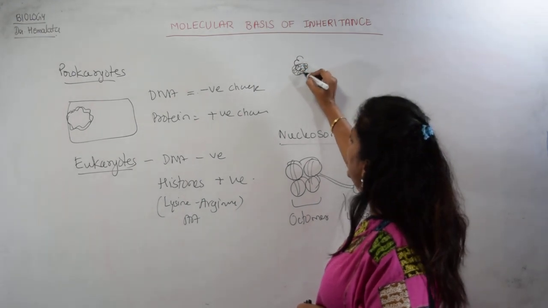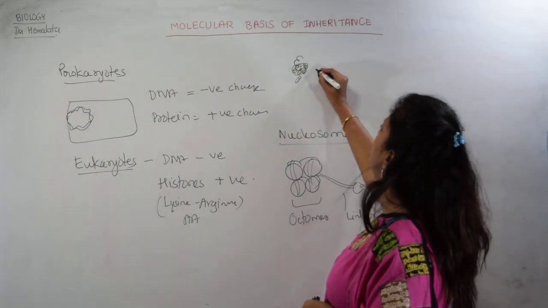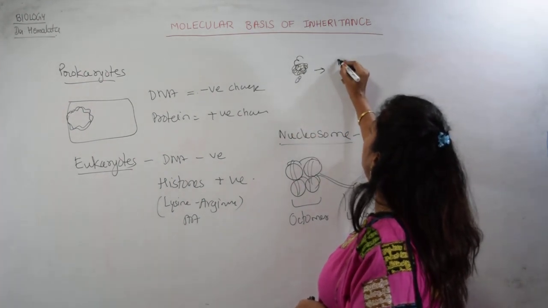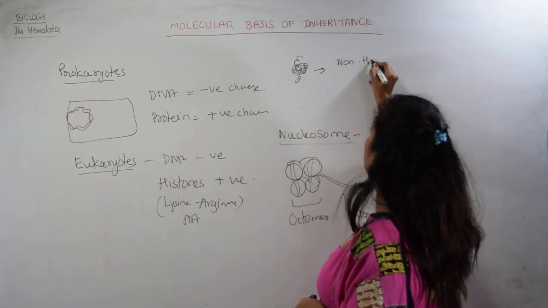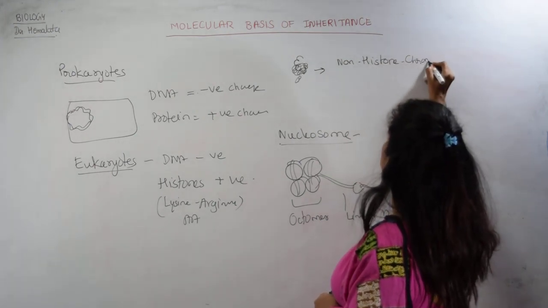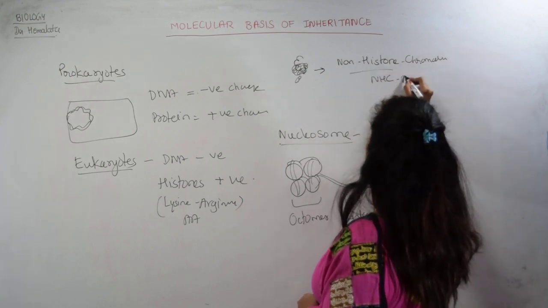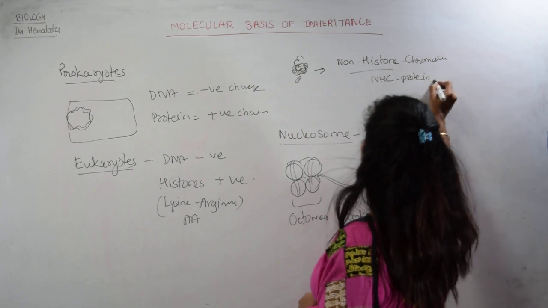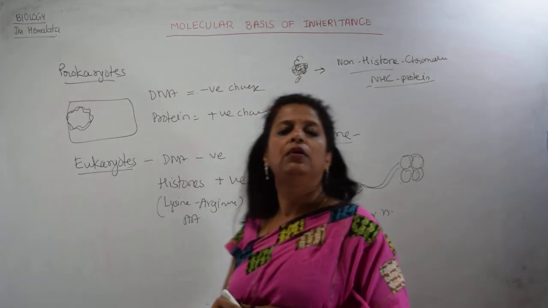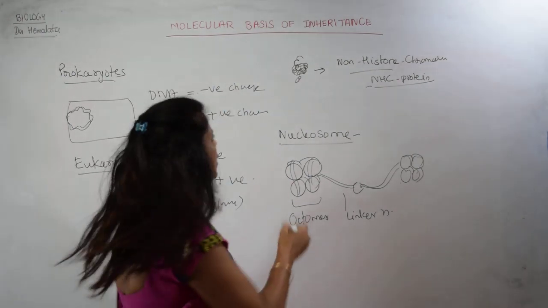I told you multiple coils are there. These multiple coils are formed by the binding of non-histone chromatin proteins, NHC proteins we call them. These form the multiple coils in the nucleosome model. We call it the solenoid model.